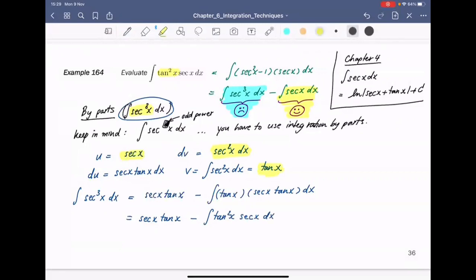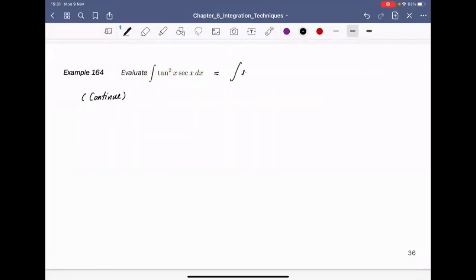Again, this comes back to the original question, right? This is the same thing as the original question. That means this is good, because this is going to be your original integral. If you go back to that, I have this thing. After I use integration by parts, this term is from integration by parts, and then minus integrate sec x dx.